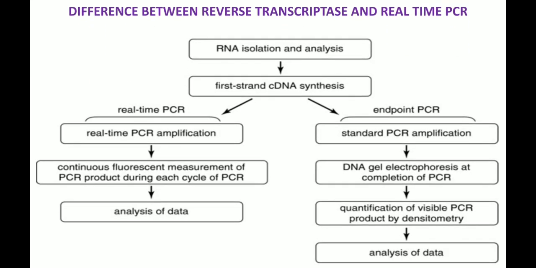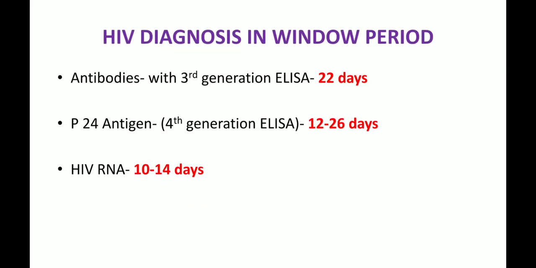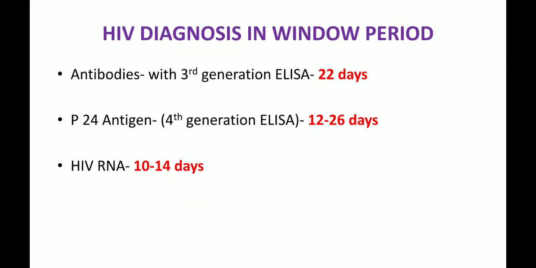So for a reverse transcriptase PCR, you need to wait till the complete reaction gets over. But for real-time PCR, you can visually see the fluorescence of the amplicons as and when the test is being conducted.